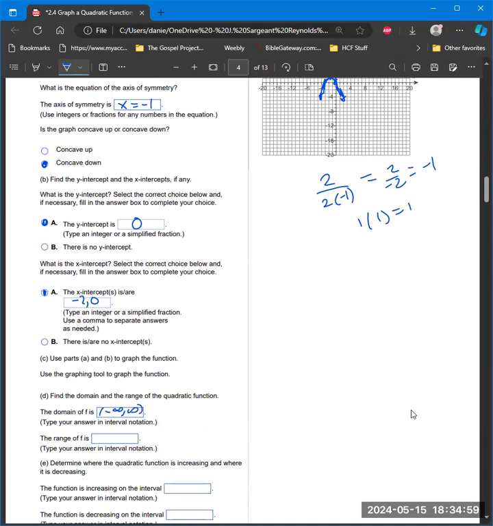The range is from -infinity, not included, to 1, included. The function is increasing on the interval from -infinity to -1, and it's decreasing from -1 to infinity.